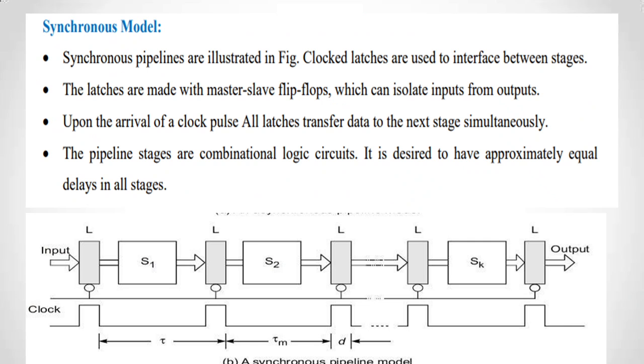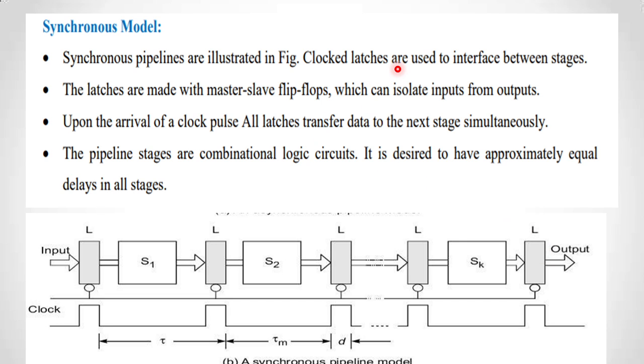Next we will discuss the synchronous model. Synchronous pipelines are illustrated in the figure below, and clock latches are used to interface between the stages. If you observe here, we have a latch after every stage. After S1 we have a latch, after S2 we have a latch.